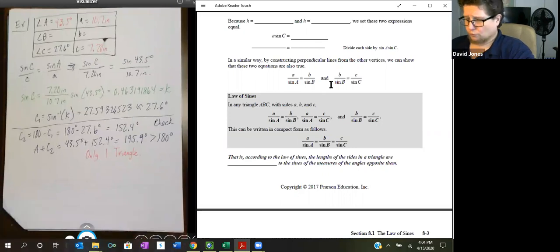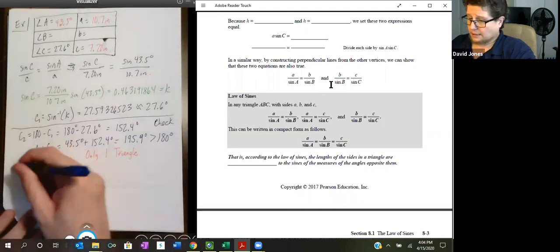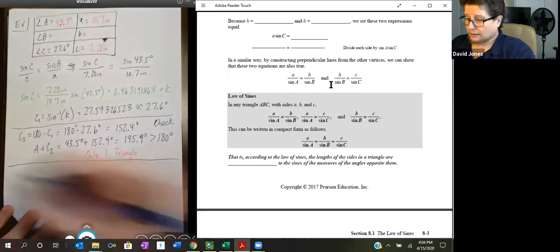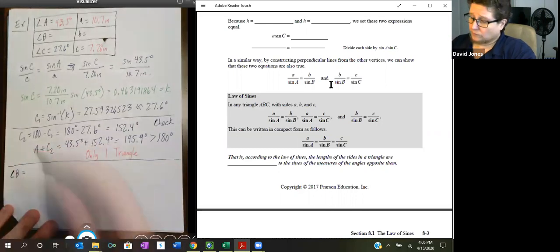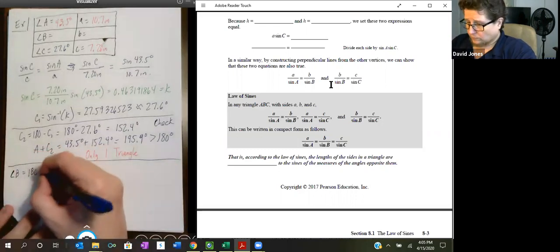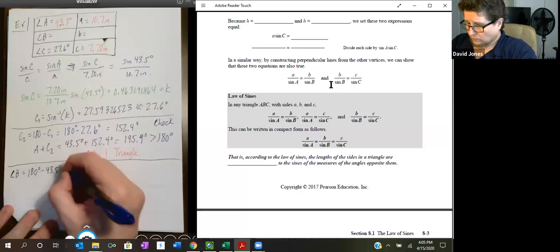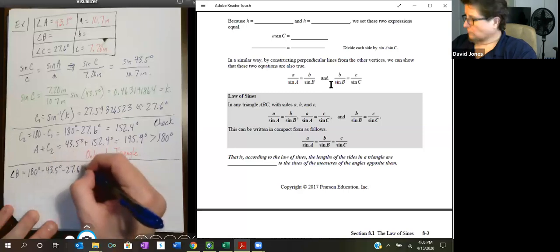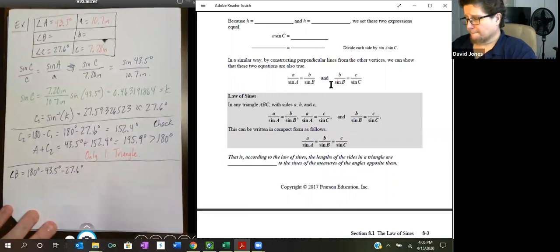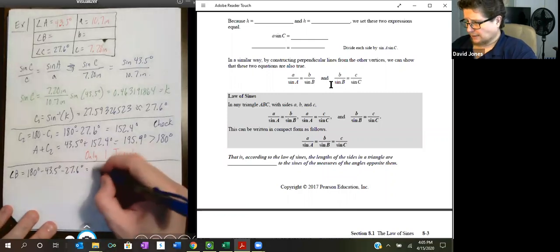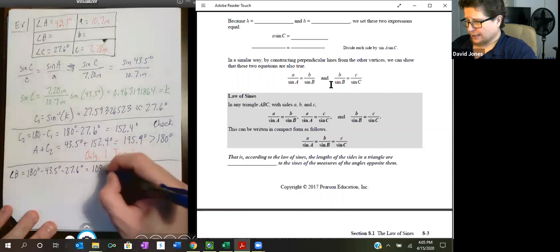So now we'll just find angle B and side B. And that's 108.9°.